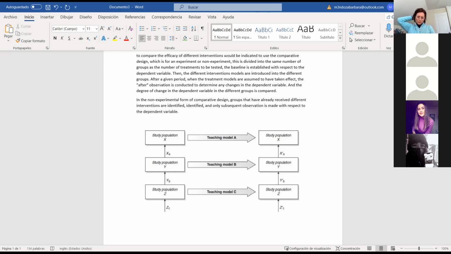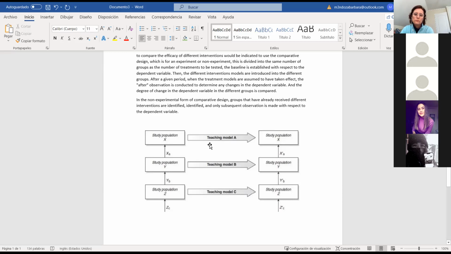Yeah, 3 groups. The chapter gives us examples to understand how to use it in education. Yes, exactly. Where the groups are divided and have the same variable, the dependent variable.